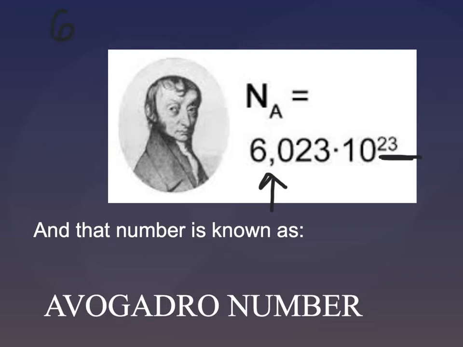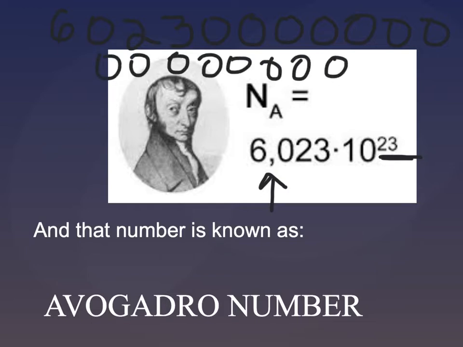So if you are asking how many particles can be in one mole, you can find that this is the number 1, 2, 3, 4, 5, 6, 7, 8, 9, 10, 11, 12, 13, 20, 21, 22, 23. Look, this is the amount of particles that can be found in any formula.